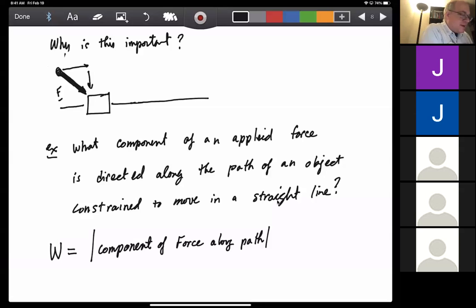So it's going to be the length of that thing. So what you could do is, let's say that there's a vector D directed along the path of travel. You can actually get what you were looking for here as F dotted with D.